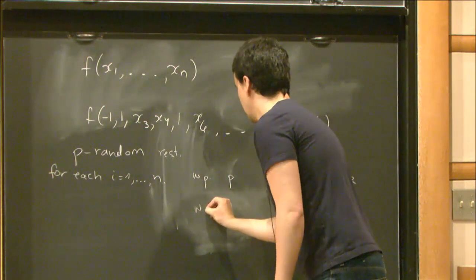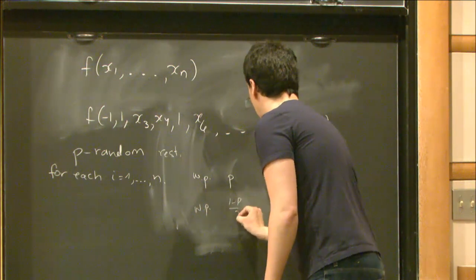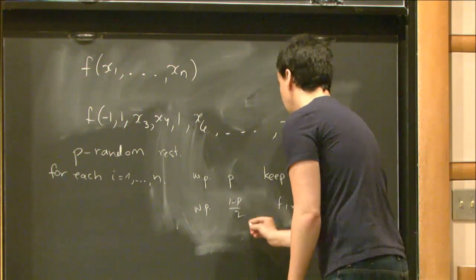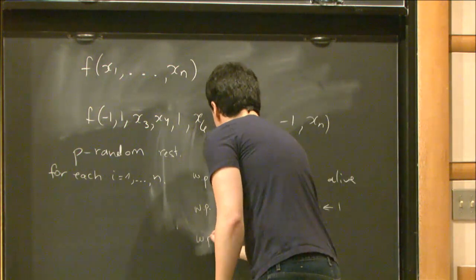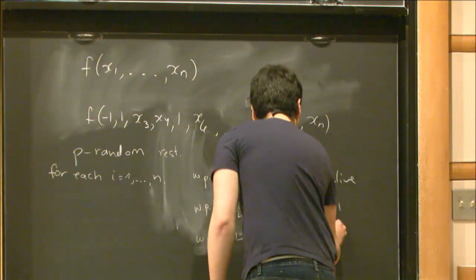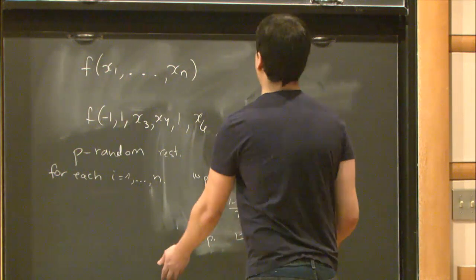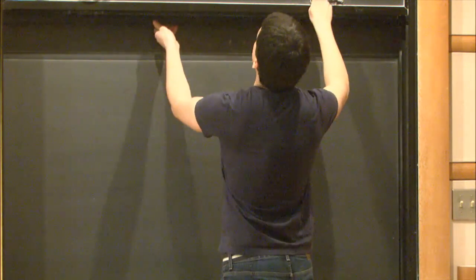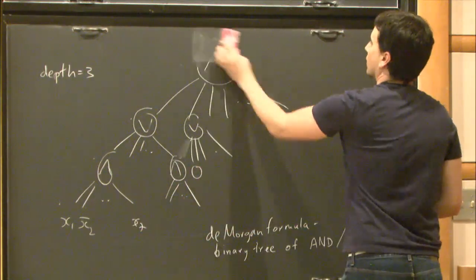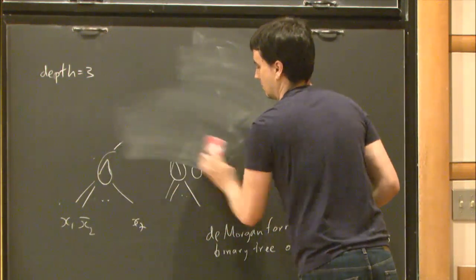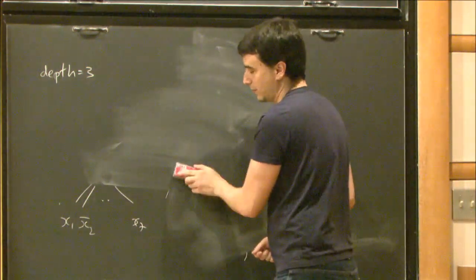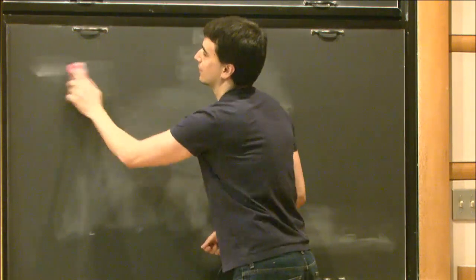With probability (1 minus p) over 2, we fix xi to be 1. And with probability (1 minus p) over 2, we fix it to minus 1. So roughly, we are keeping a p fraction of the variables alive.